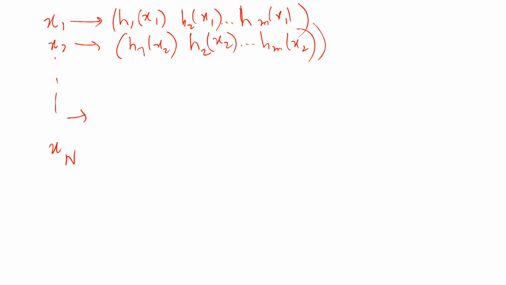And this goes on and on until we get h1(xn), h2(xn), and so on, hm(xn).